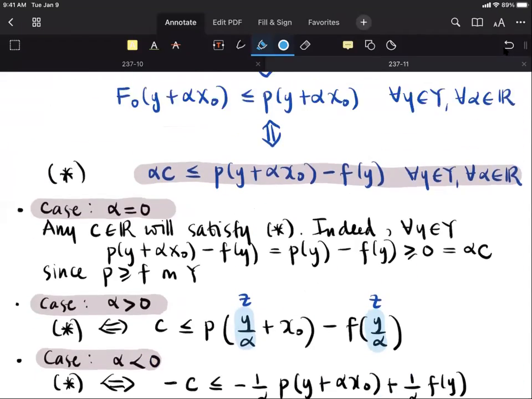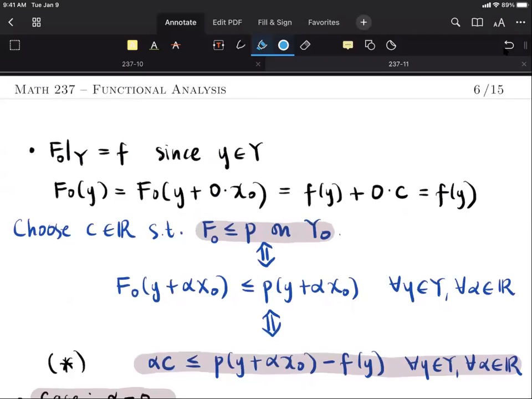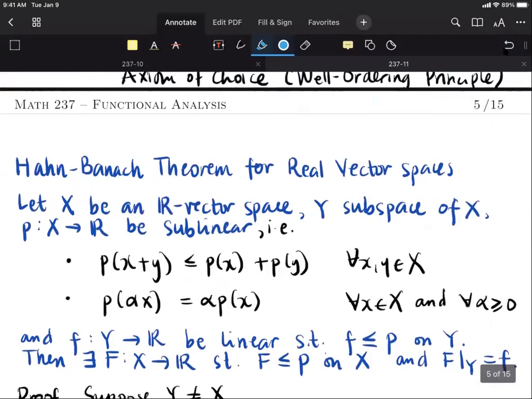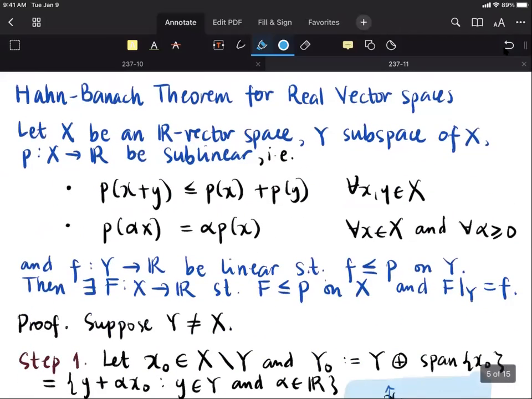And moreover, this extension preserves the inequality for the given linear function f. So by adding one vector that is not in your subspace, you can find an extension that satisfies the conclusion of the Hahn-Banach theorem.